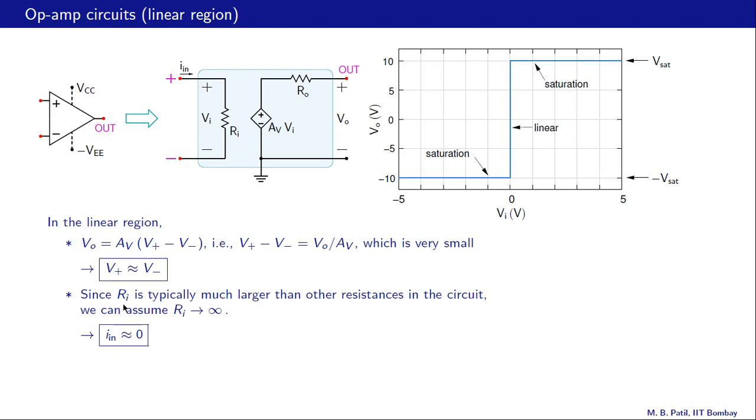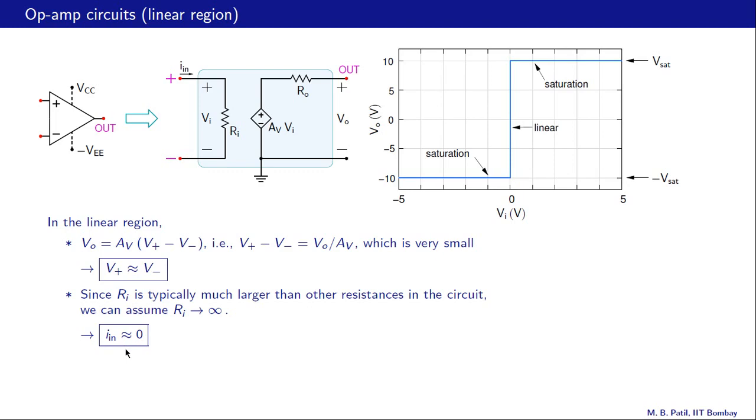Second, since Ri is typically much larger than other resistances in the circuit, we can treat this as an infinite resistance or an open circuit. And then what it means is that this current is 0. If there is an open circuit here, this current is 0, this current is also 0. So the input current of the op-amp then is approximately 0.